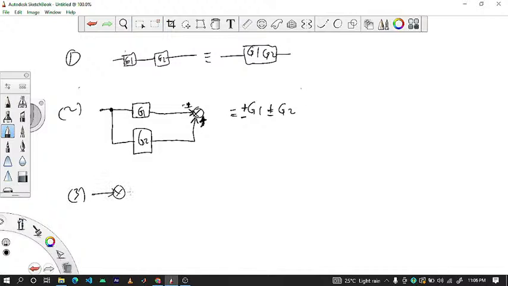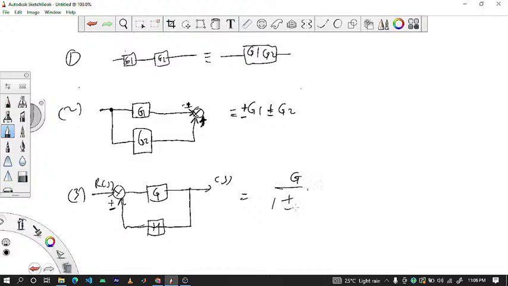This is how a feedback looks. G coming to an output, let's say R of S, C of S here. Then it comes back to another block H, and comes here. Here can be plus or minus. The transfer function of feedback is top over 1 plus or minus the product of top and down.